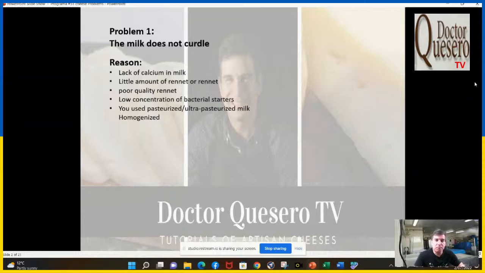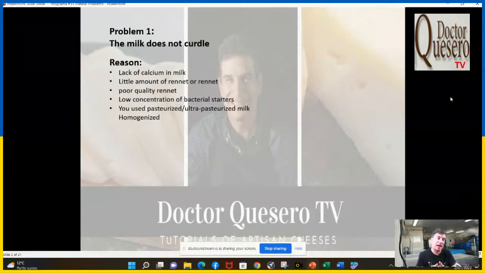If you have a low level of calcium, and you're using pasteurized milk that is over pasteurized, your level of calcium tends to be lower. If your milk is raw, your level of calcium will be complete, native to your milk, because it's not pasteurized.